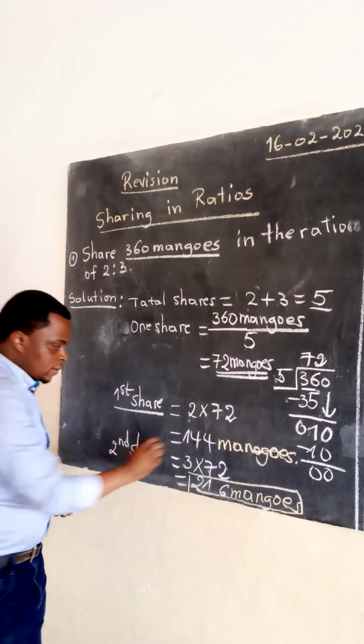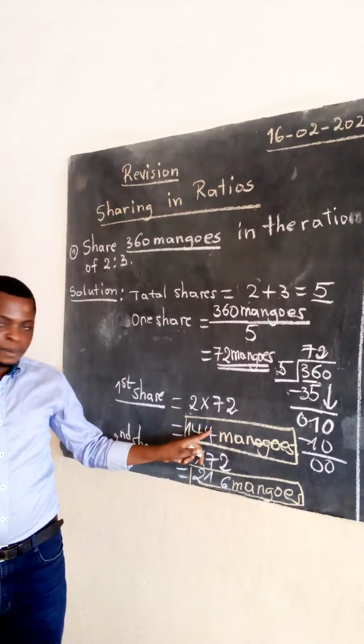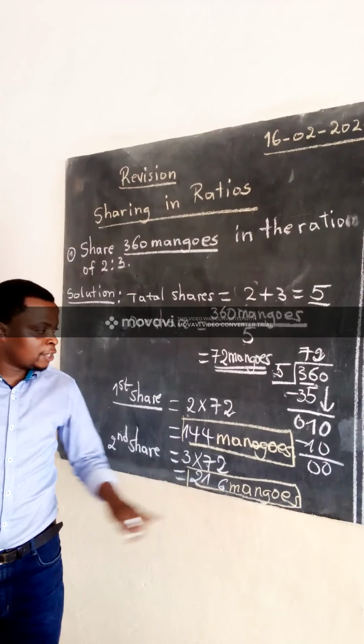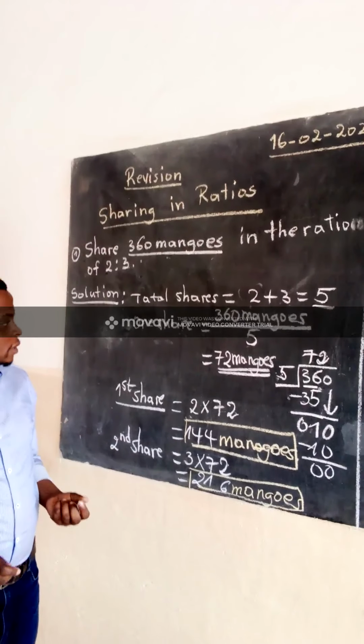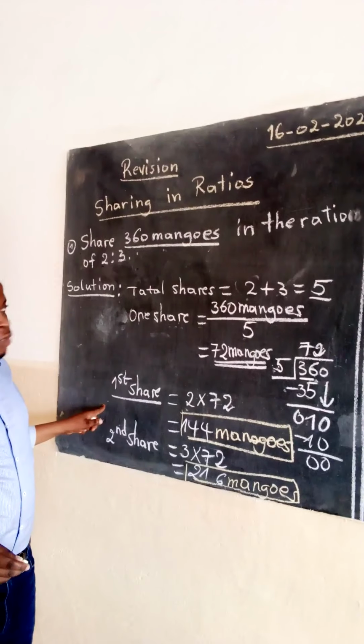When you want to give the proof, you can say 144 plus 216, we find that we have 360 mangoes. This is how we can share in the ratios.